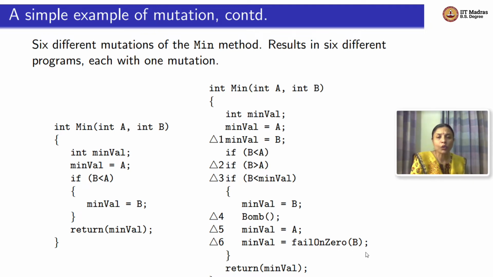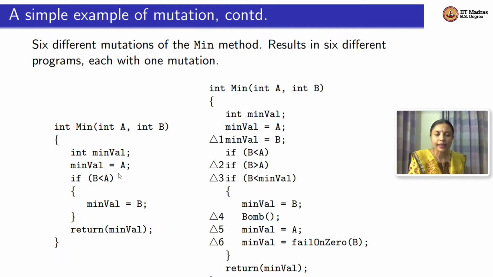So fail on 0 b is another special method which indicates test for division by 0. I'll come to that in a minute. So is it clear what we've done? This is just an illustrative example to show you various ways in which you can mutate programs.